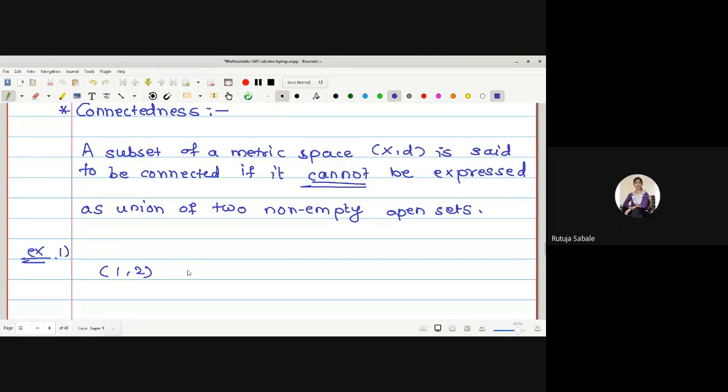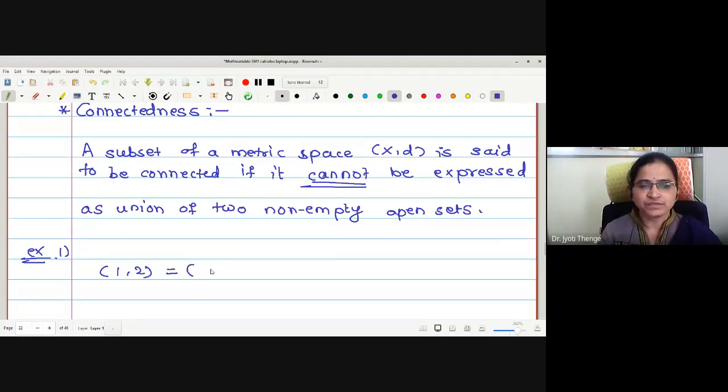No, we cannot, because if I separate it at 1.5, say, in between, and write it as a union of two non-empty open sets (1, 1.5) and (1.5, 2), then the point 1.5 is excluded from both sets. So we cannot write it like this. Correct?